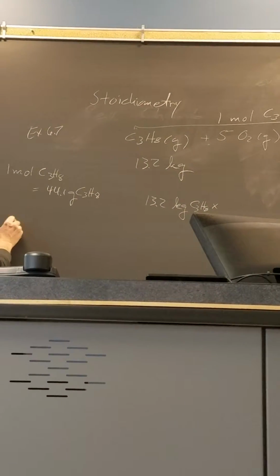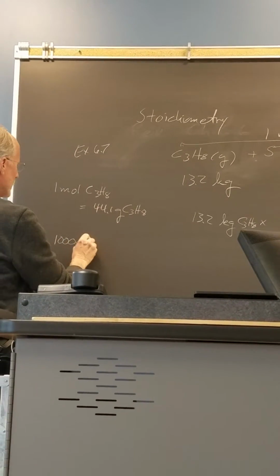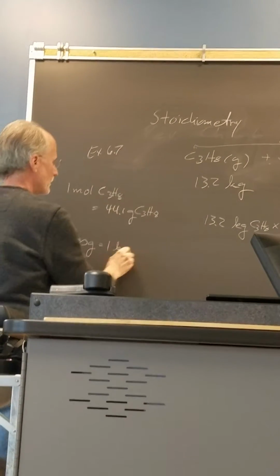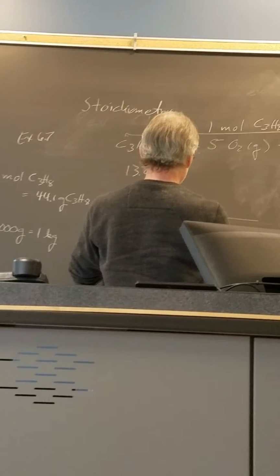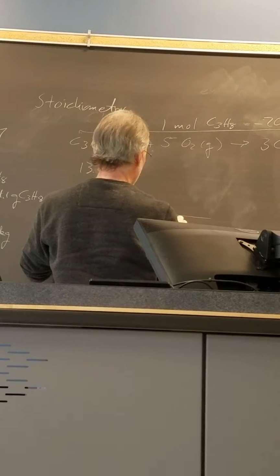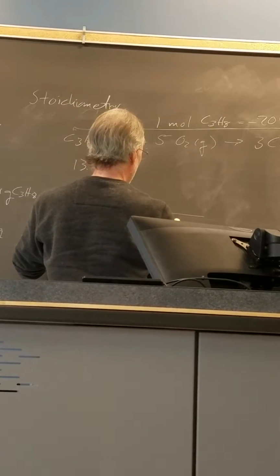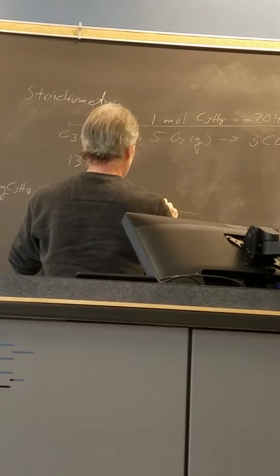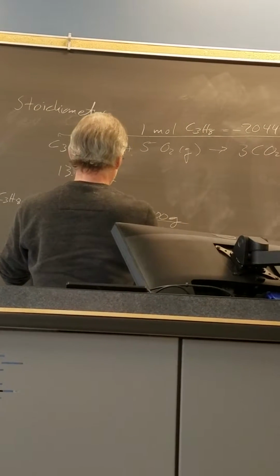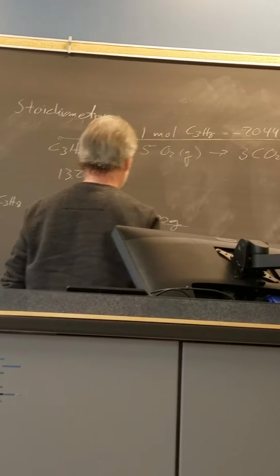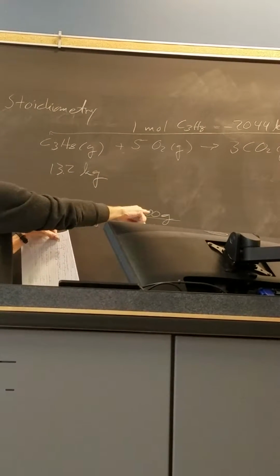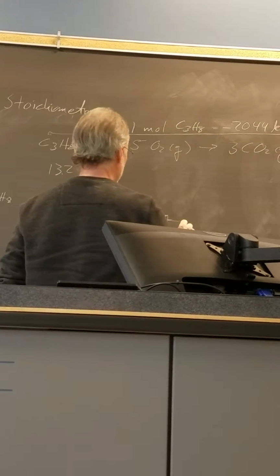So you also need to know 1,000 grams equals 1 kilogram. That allows you to cancel the kilograms, and you now have units of grams of C3H8.